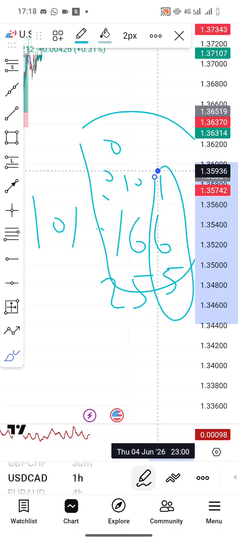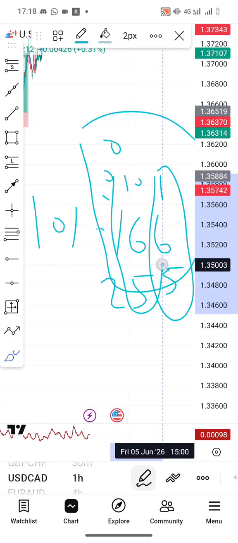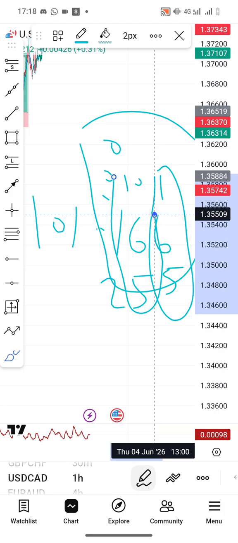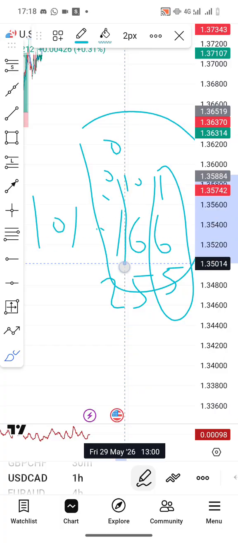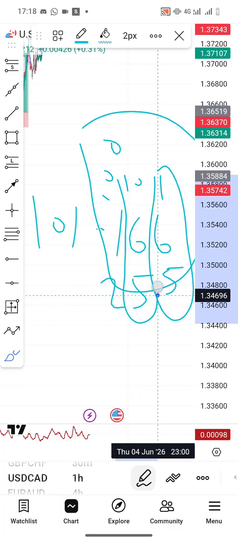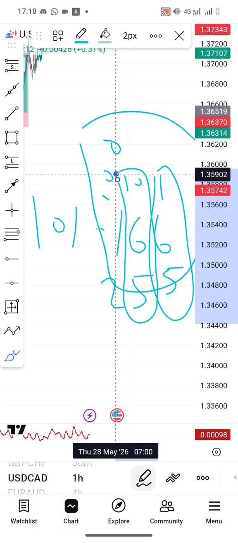If this is right here, let me cancel this. If this is right here moves to 5, what have we done?